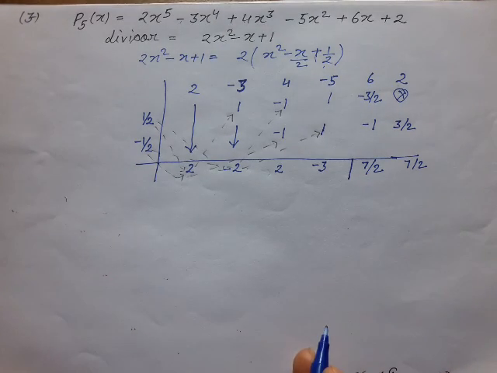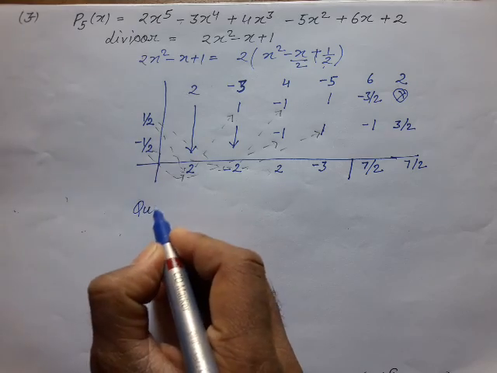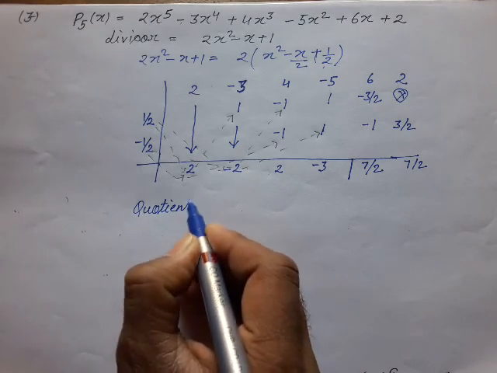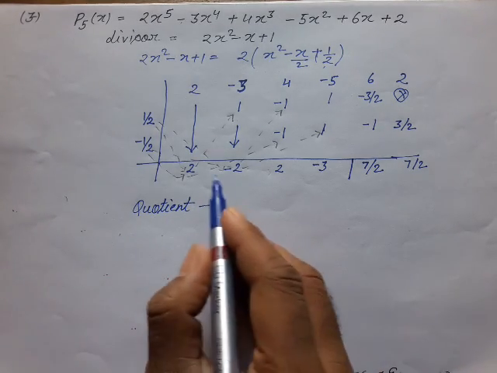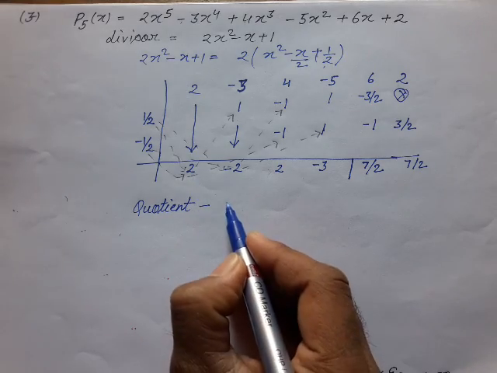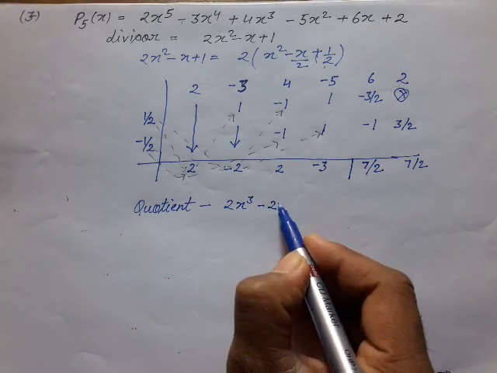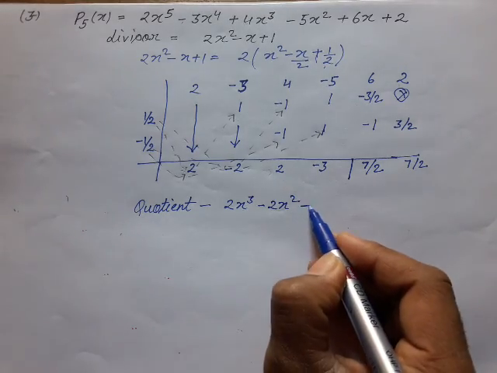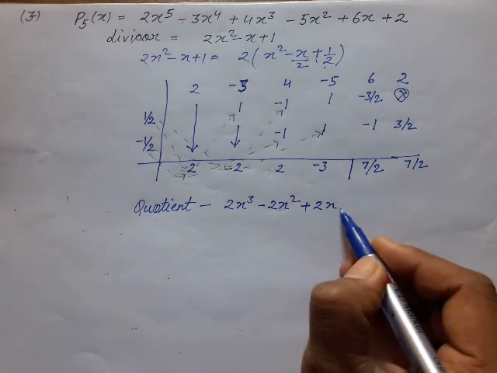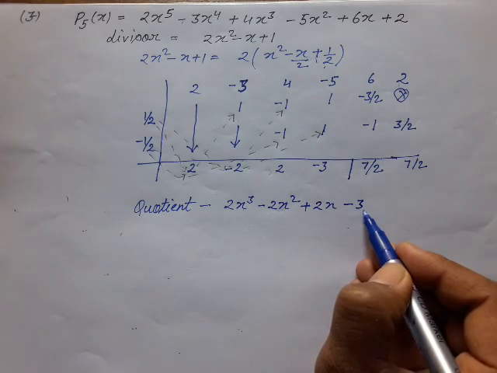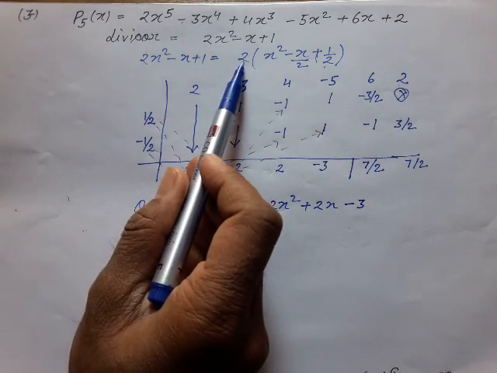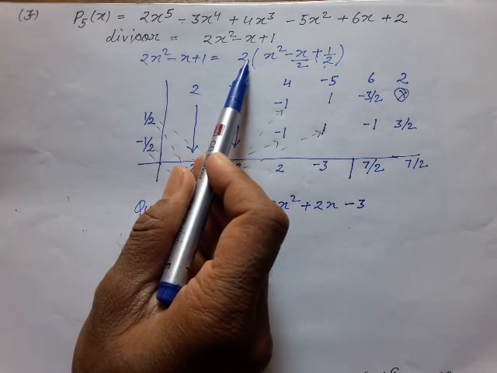And now we write the quotient for this polynomial. The coefficient of the first term is 2, the coefficient of the second term is minus 2, the coefficient of the third term is plus 2, and the last term is the constant, which is minus 3, and we have already taken 2 out.